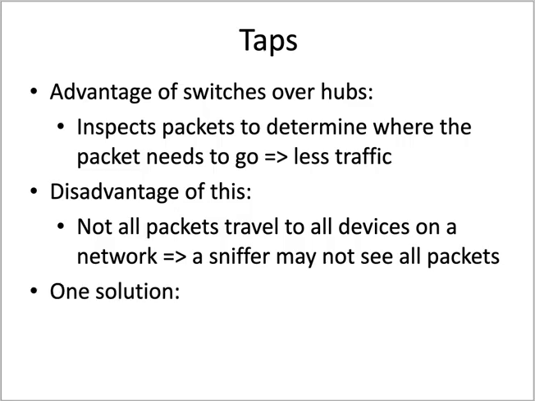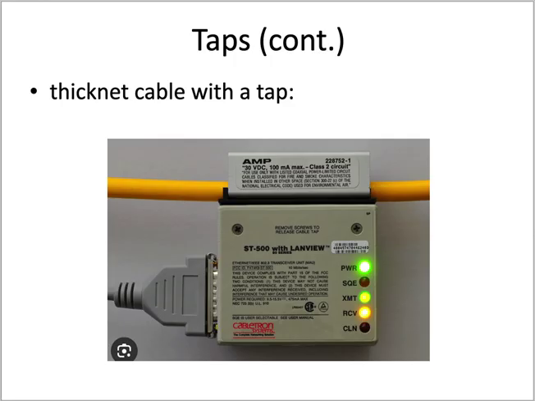So one solution to that is taps. And I'm going to go back in time about 30 plus years when we had ThinNet and ThickNet Ethernet. So here is going to be an image of a ThickNet cable with a tap. And that ThickNet cable, that orange cable, is 9.5 millimeters in diameter. So it's a pretty good size cable.